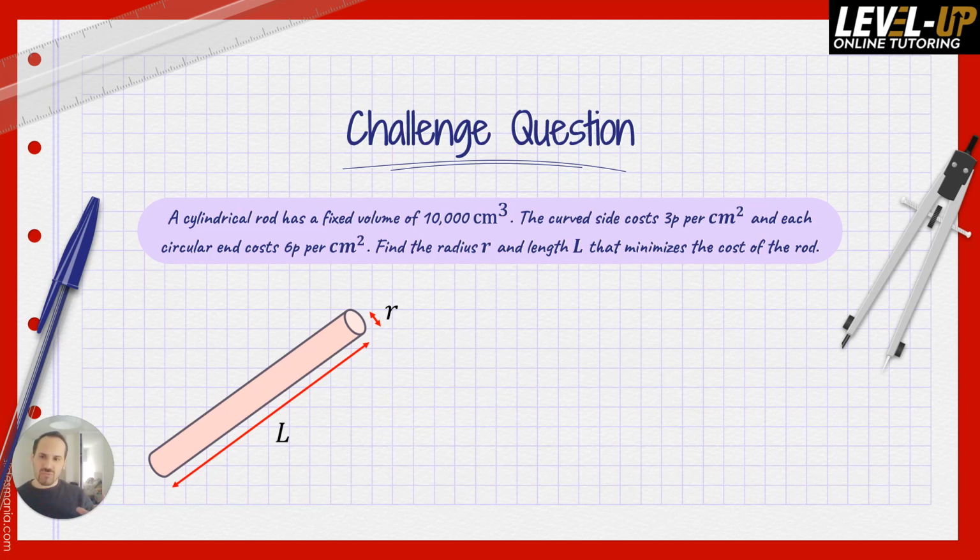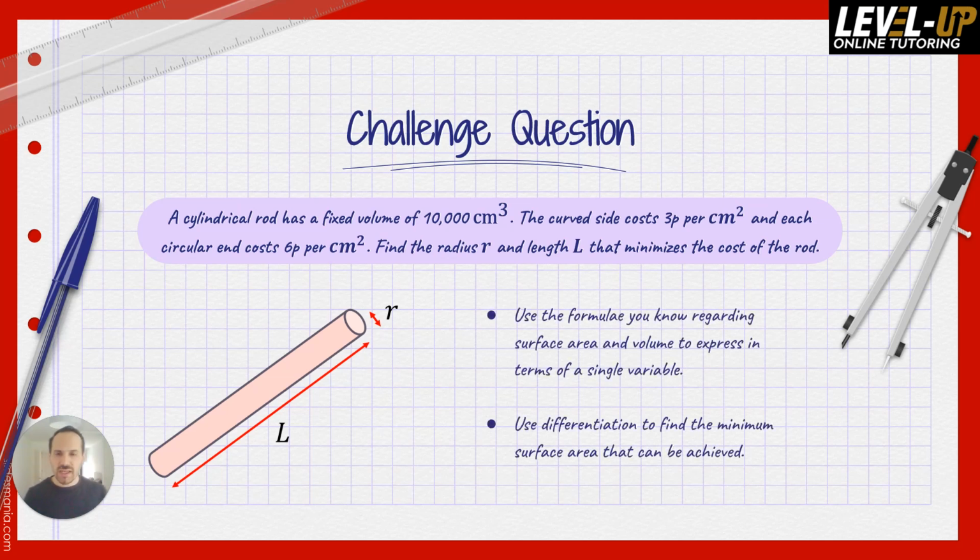So if we're going to make this rod out of whatever material it's made out of, we want to find the radius and the length that minimizes the cost of this rod. It's kind of similar to last time, but there are just a couple of little extra considerations you need to make. I hope by looking at the example that we just did, most of you should be able to have a good stab at this one.